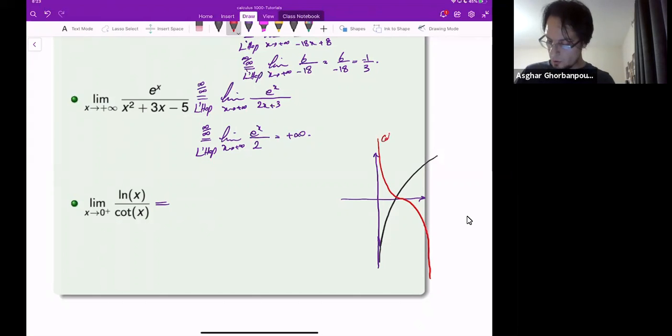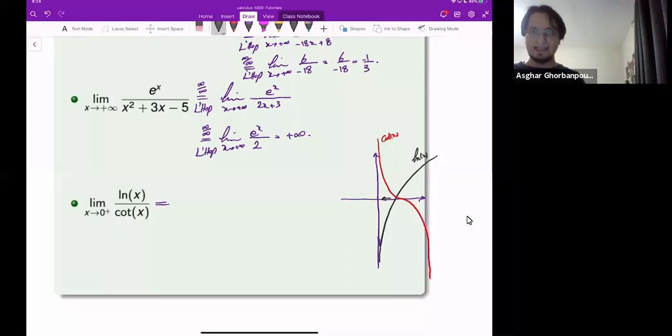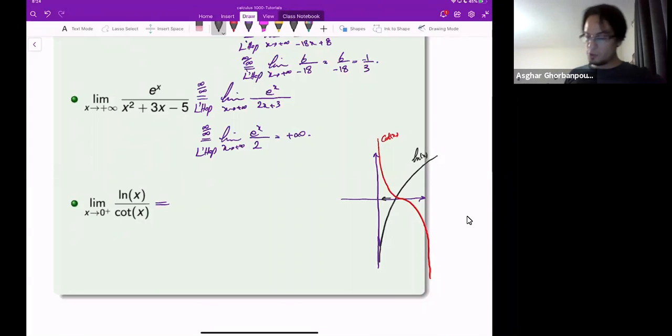So this is cotan x. This is ln x. As x goes to 0 plus, you see that cotan x goes to plus infinity. Ln x goes to negative infinity. So my limit is going to have to be negative infinity over infinity.